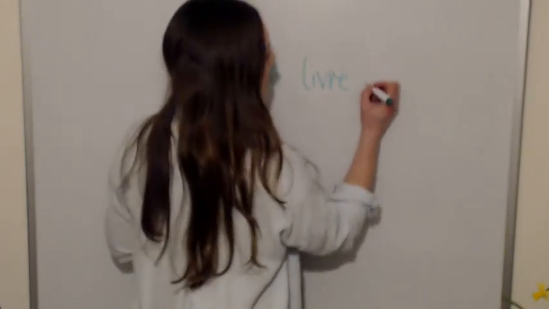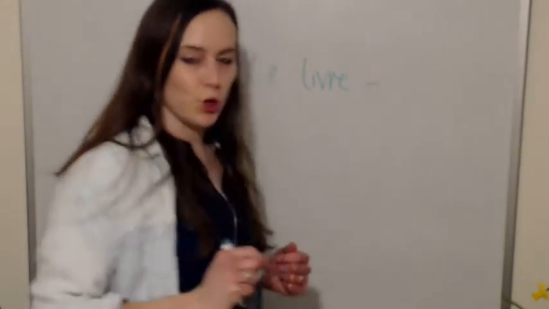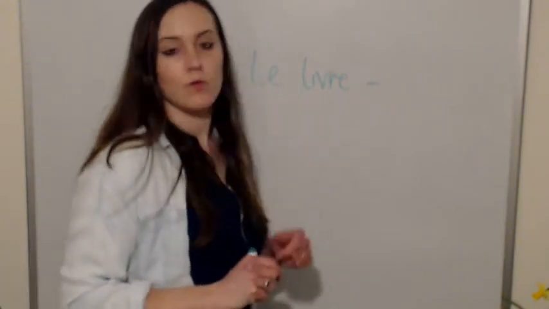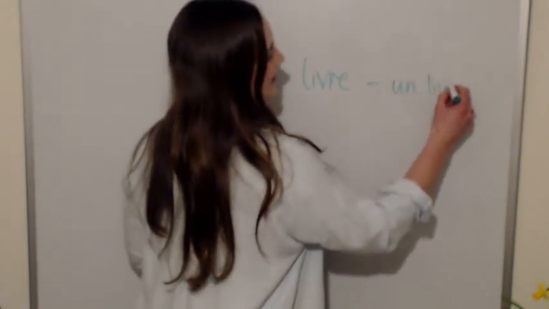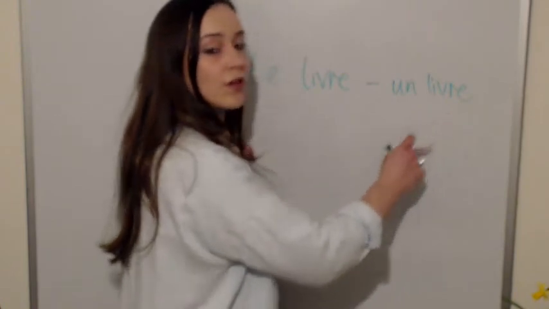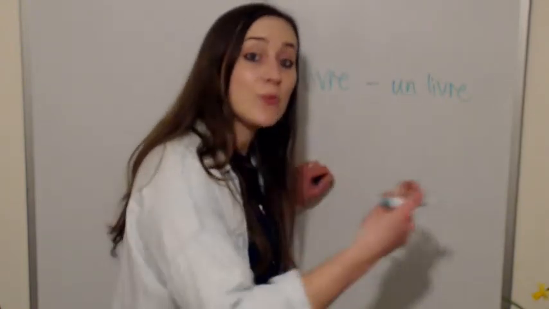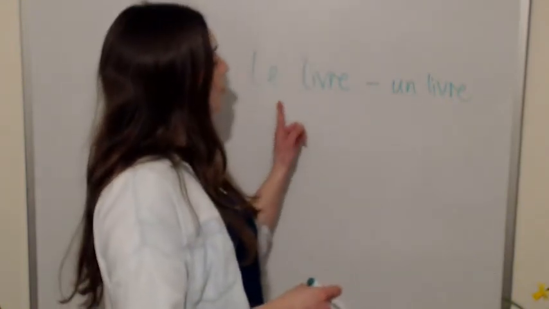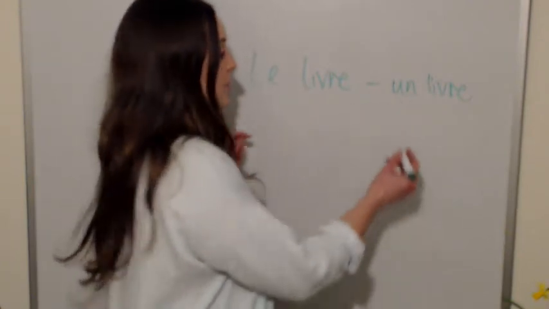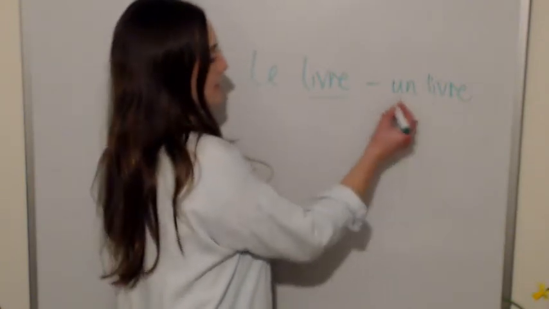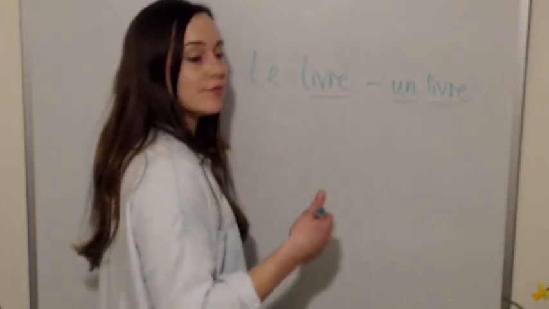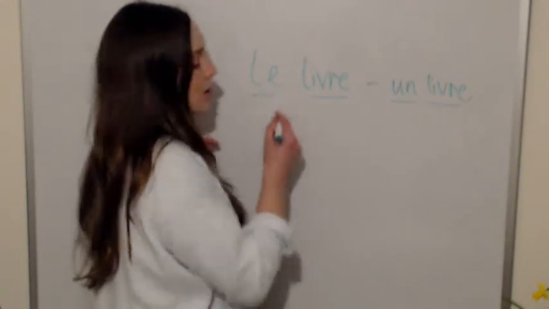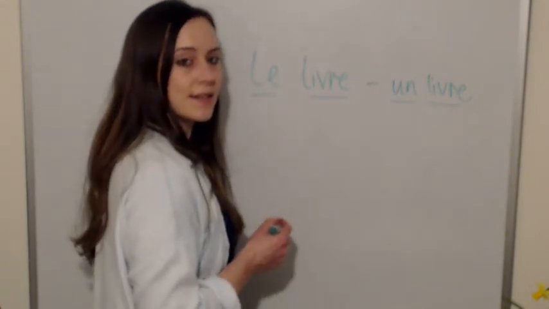So this one, if I want to say a book instead of the book, well, we use the number 1. Un livre. So that means one book, or it can mean a book. Le becomes un. So that's because this is a masculine noun. And this is a masculine way of saying a. And this is the masculine way of saying the, for something that's singular.